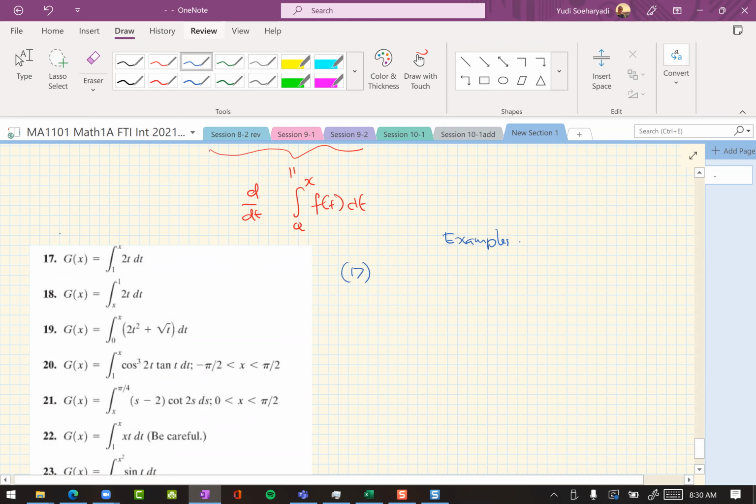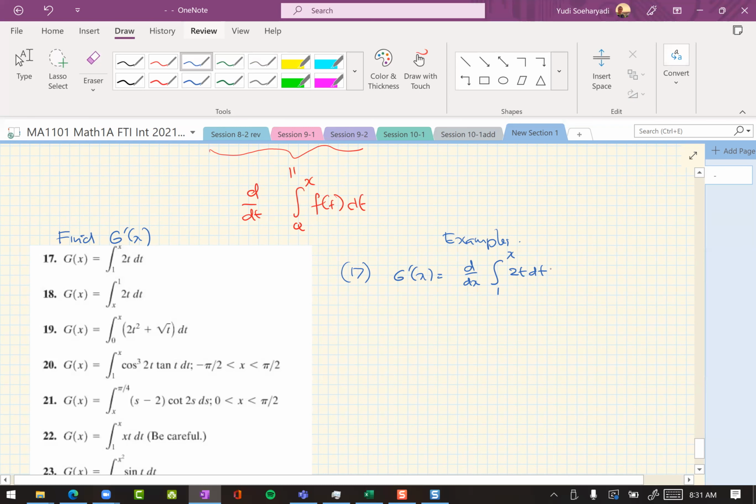The question is compute G prime. So G prime of x is d/dx of the integral from 1 to x of 2t dt.